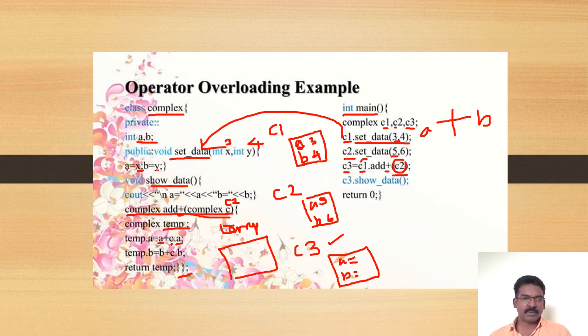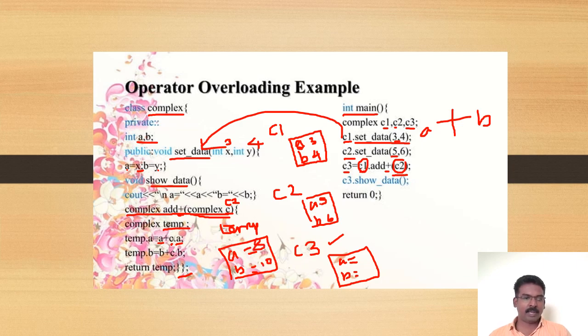Since we are passing C1 here, this A will be taken as C1, and since we are passing C2 here, this C will be taken as C2. So now 3 plus 5 and 6 plus 4 will be the temporary object's A and B. So A will be 3 plus 5, 8, and B will be 6 plus 4, 10.